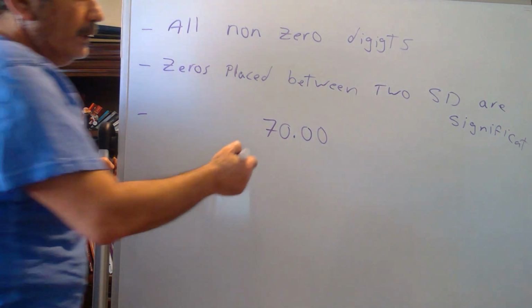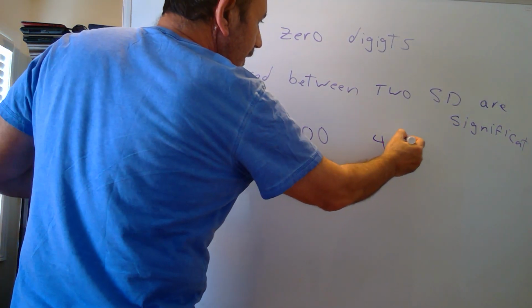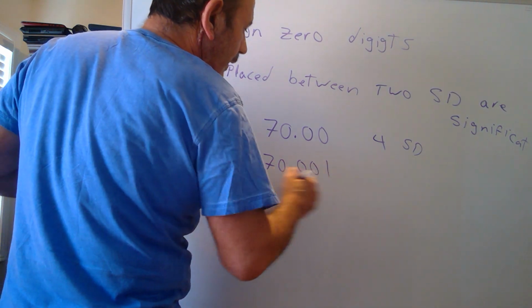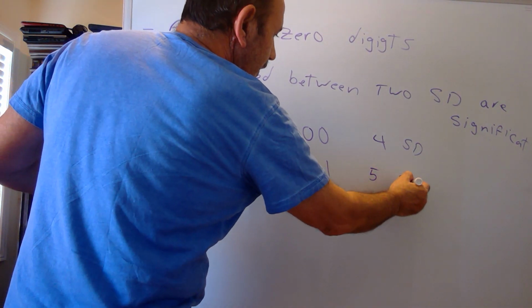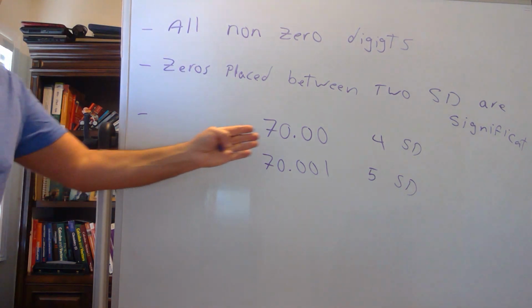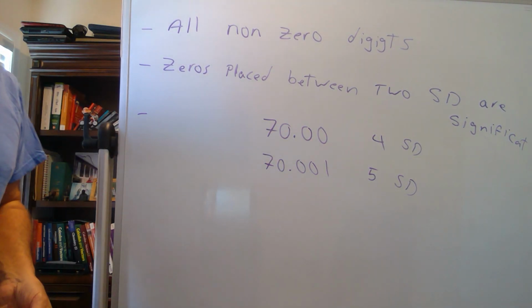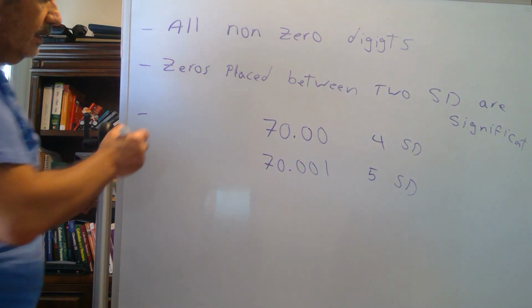So this number has 4 significant digits and 70.001 has 5 significant digits.